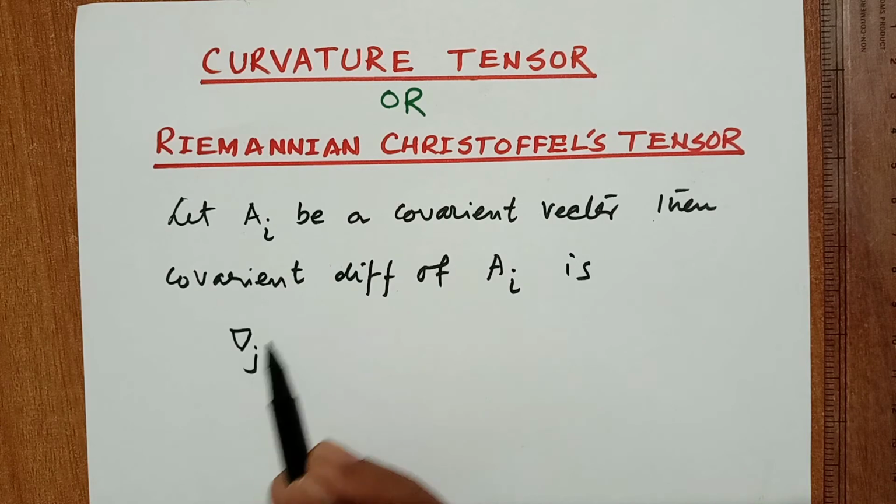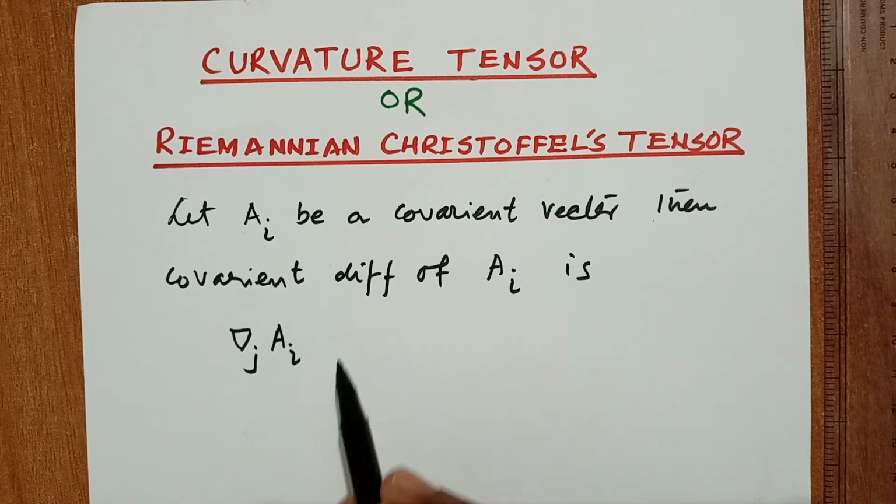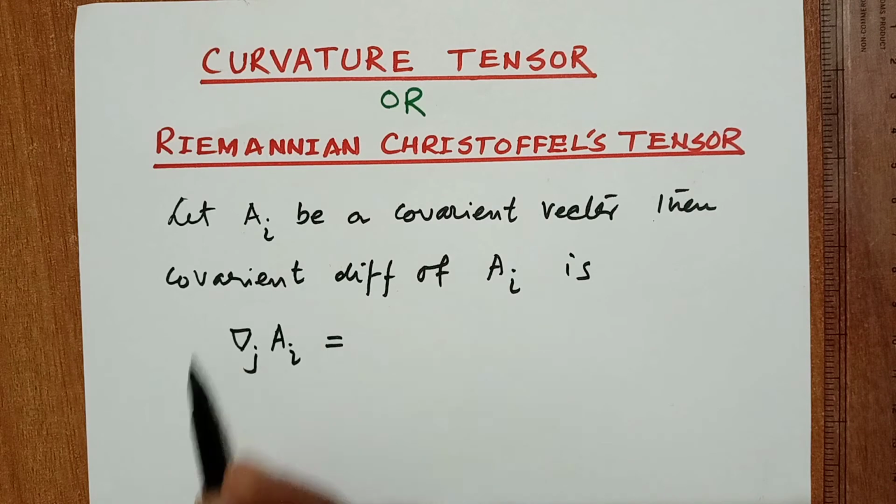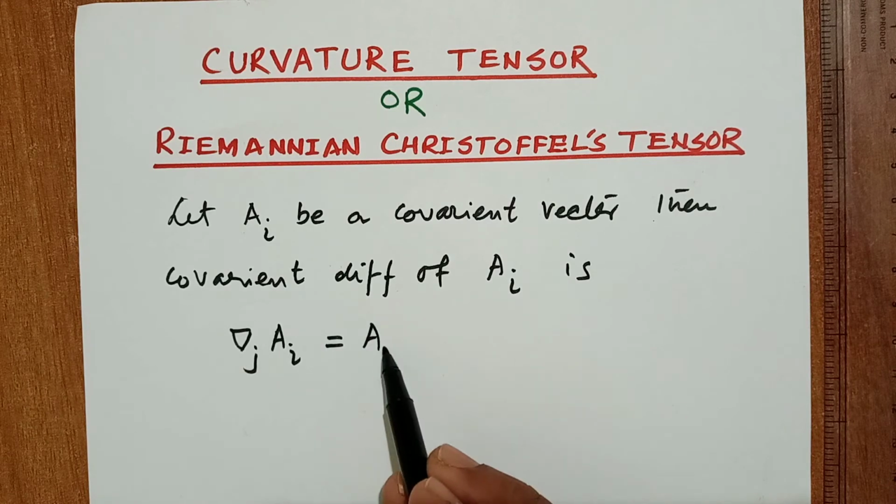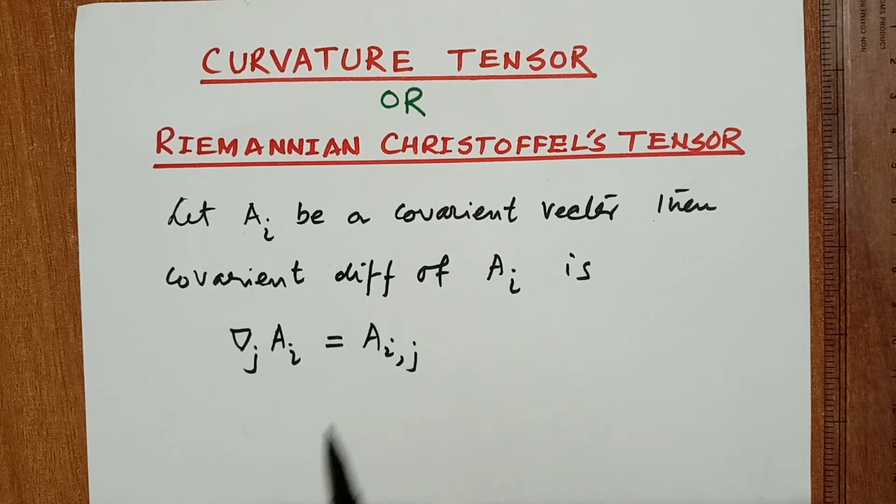delta_j A_i, and this can also be written as A_i,j.